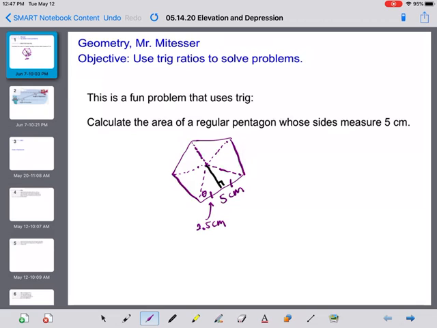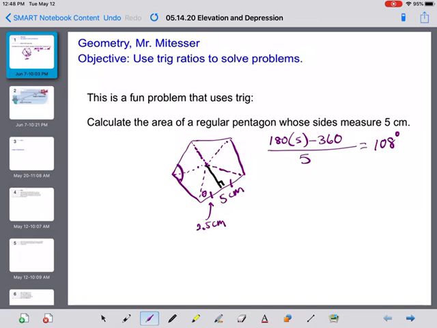Well, we know it's a regular pentagon. So each interior angle is 180 times 5 minus 360, and then you divide by the number of angles. So that would be 540 divided by 5 is 108.